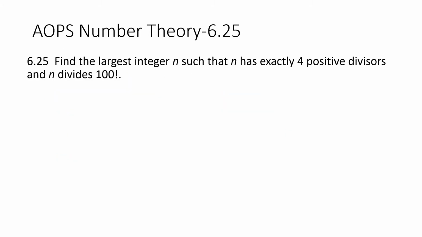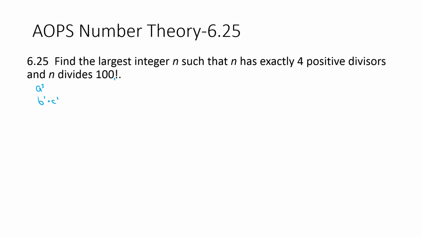AOPS number theory 6.25. Find the largest integer n such that n has exactly 4 positive divisors and n divides factorial 100. So if it has exactly 4 positive divisors, then the prime factorization can be a to the power of 3 or b to the power of 1 times c to the power of 1.